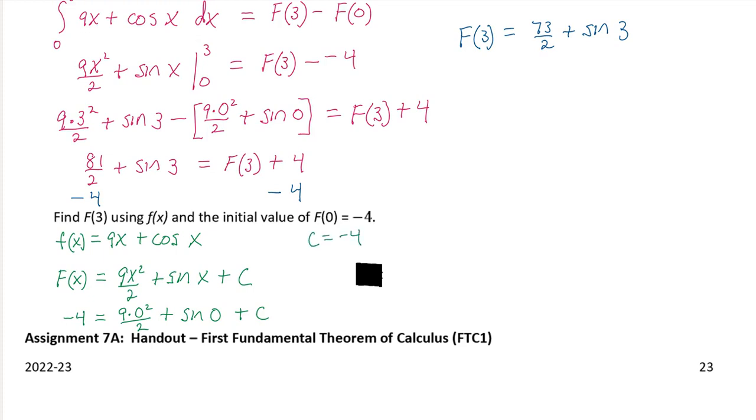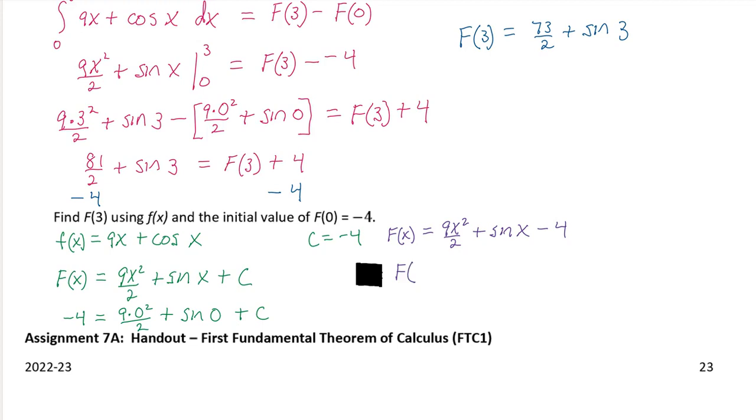Okay, so now my original function, capital F of x, is 9x squared over 2 plus sine of x, and then minus 4, and now I can plug in 3 again.